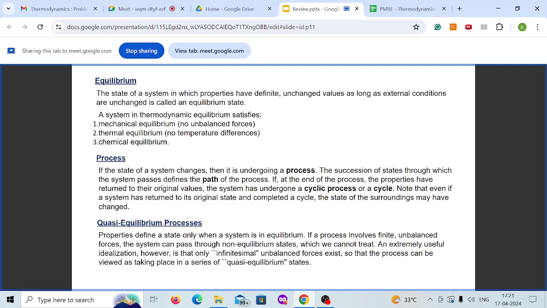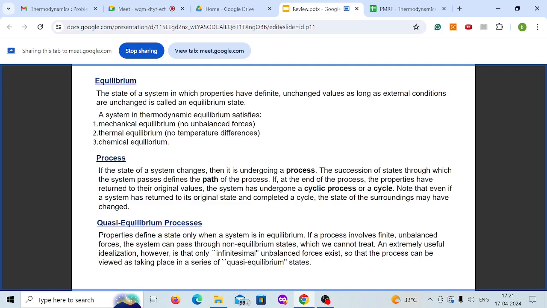What this says is, this comes in to avoid the concept of entropy, where you make the system irreversible. If you have large unbalanced forces, it can go to non-equilibrium states, which are difficult to calculate or take into account. So what we assume is that the system goes through small changes, and each state is an equilibrium state.